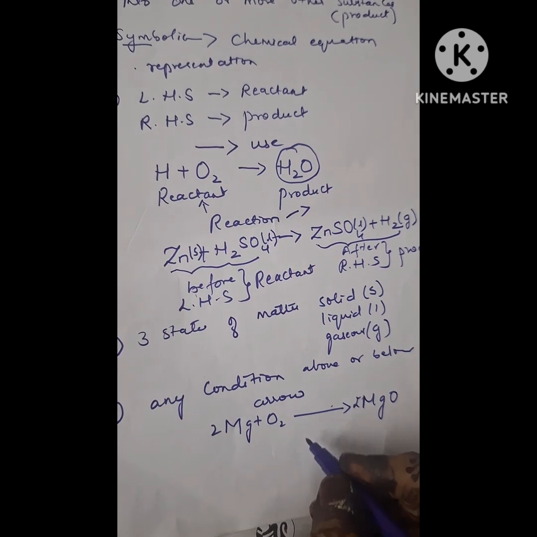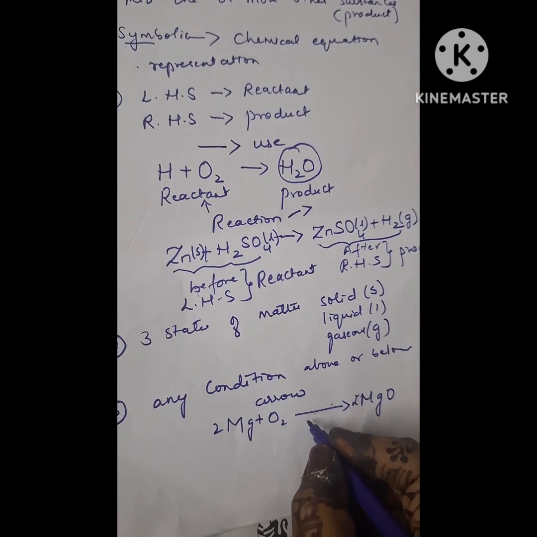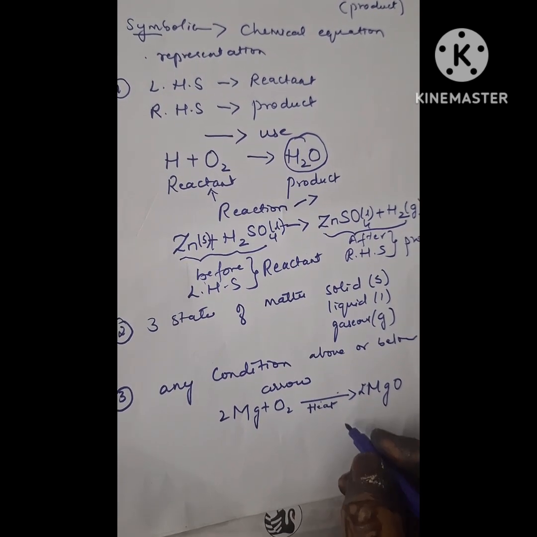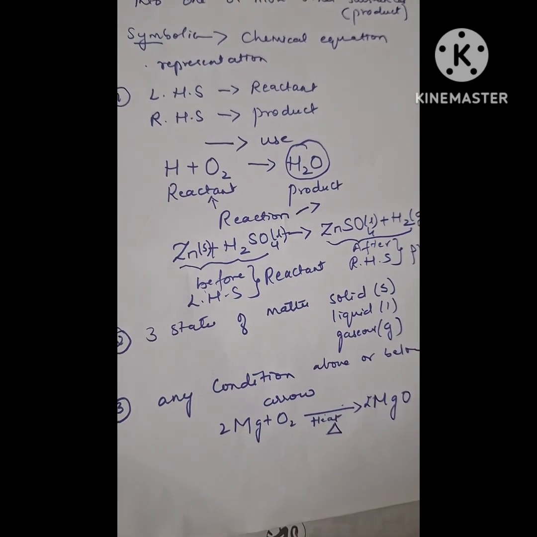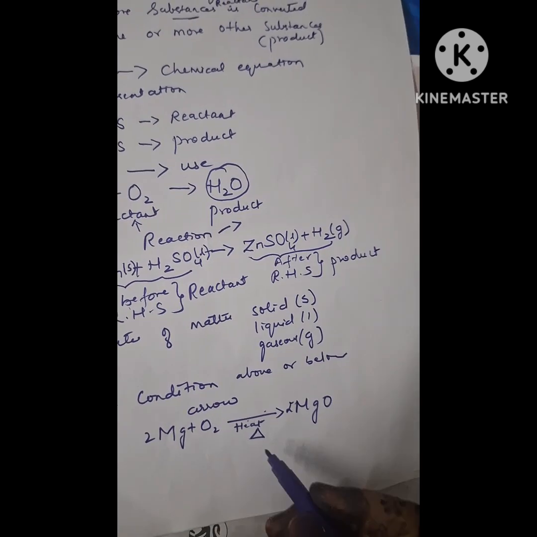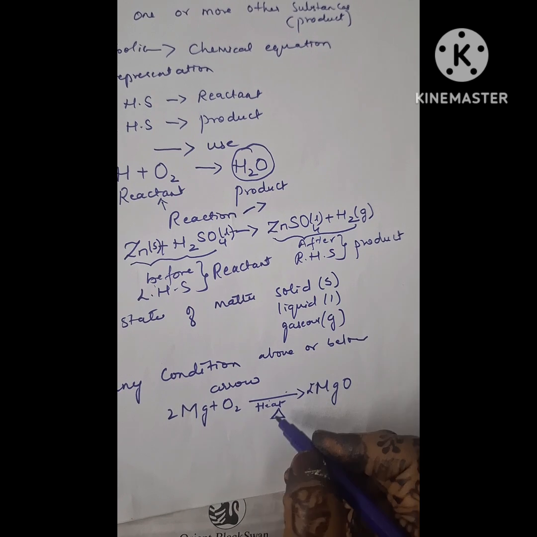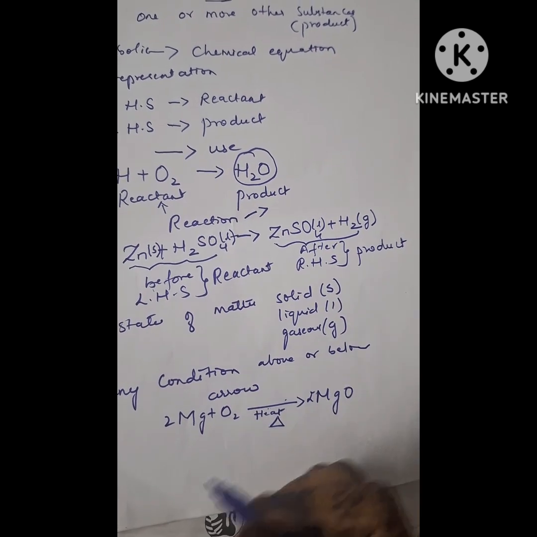Hence it has to be heated, so you can write here heat as the condition on this arrow mark. So any condition can be written above or below this arrow mark.